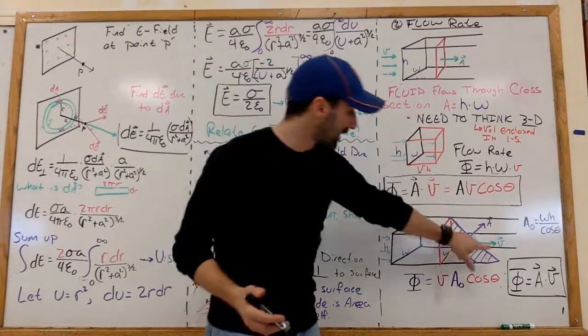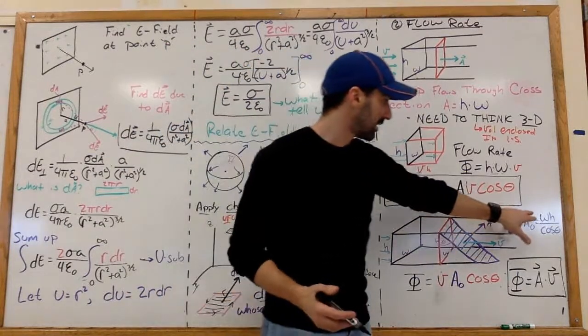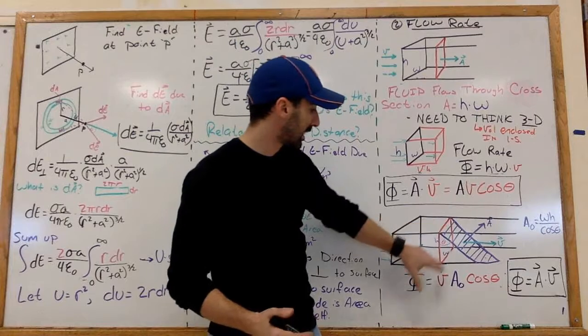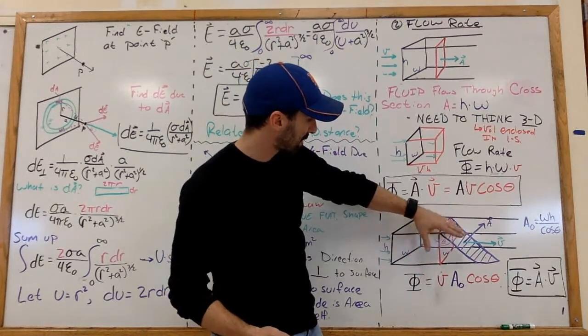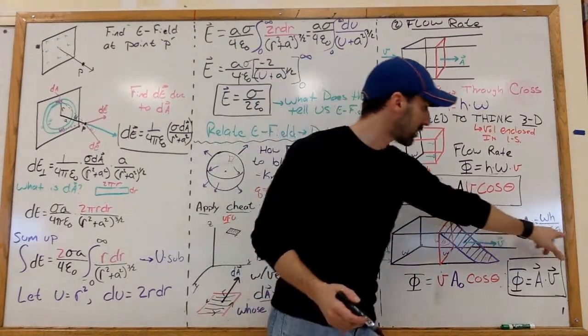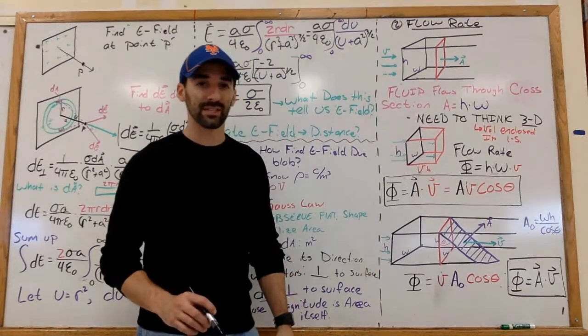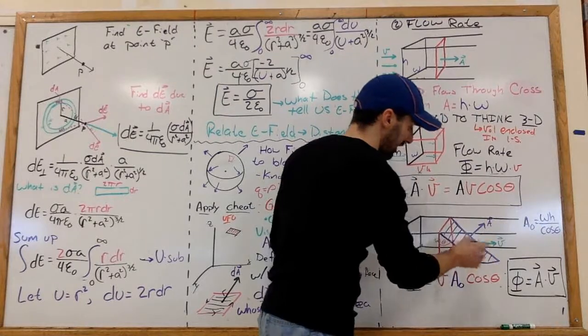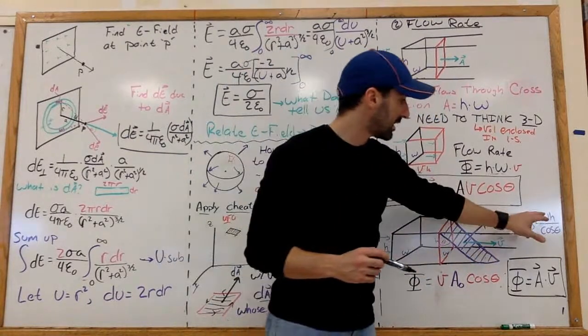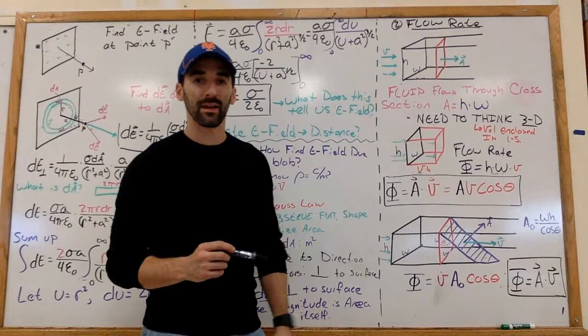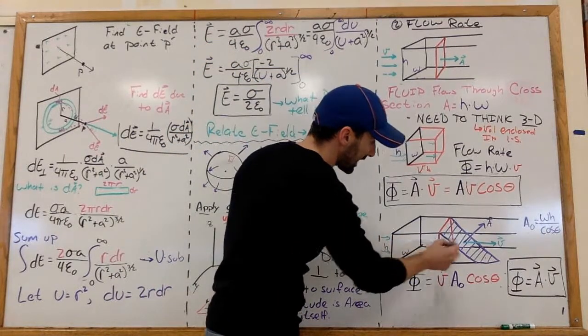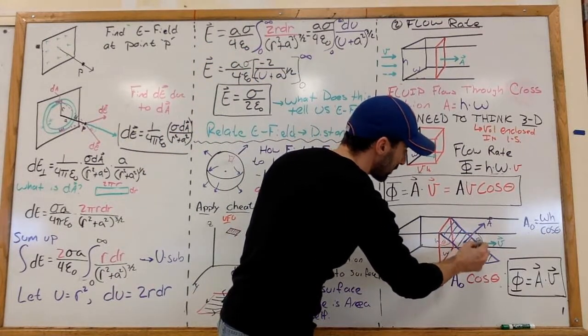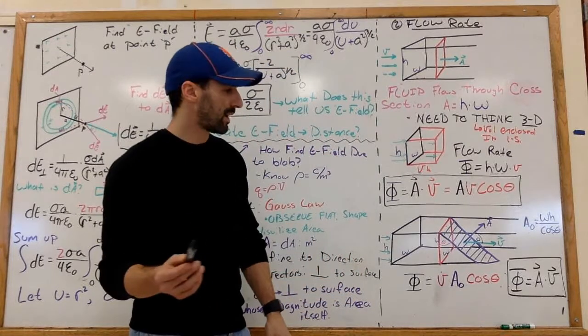Mathematically, I know the area of this is still W times H, and here I have some angle. It's divided by the cosine of theta. I'll let you think for a second there. It is definitely divided by the cosine of theta. This area that I've defined, A naught, is W times H divided by cosine theta. I know this angle here is also equal to that angle there. Why is that important?